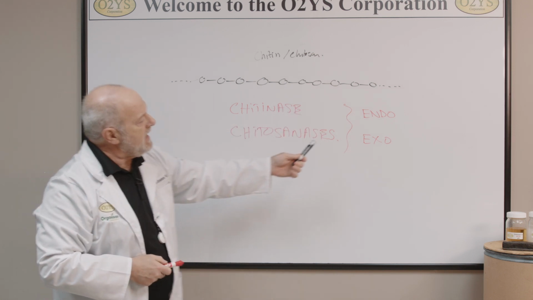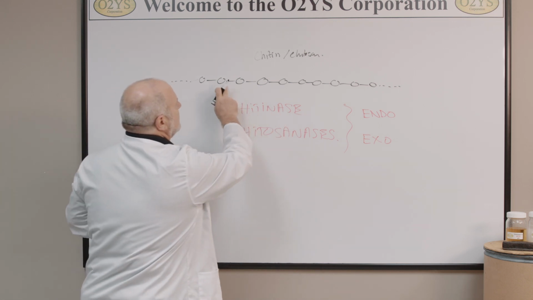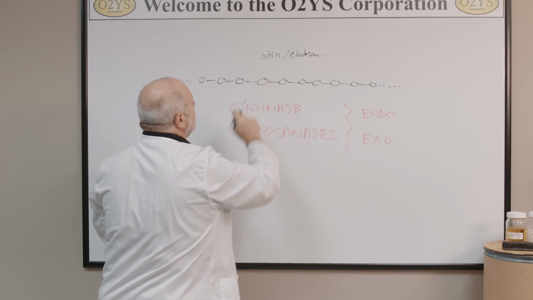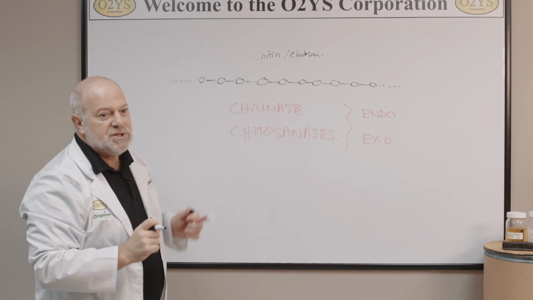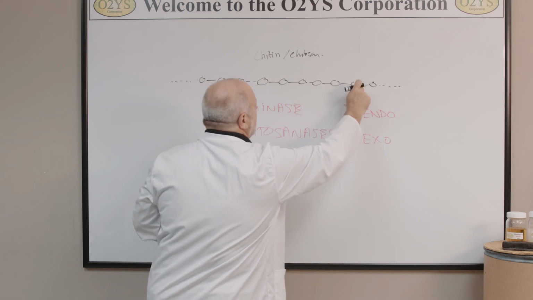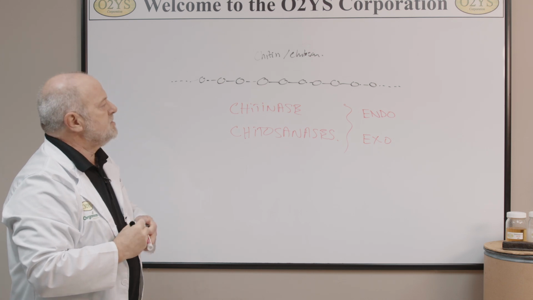And if it's an endochitinase, they'll attach somewhere internally along the chain and break the chain that's joining the substituent molecules, and so you wind up with smaller fragments. That's how the endos work.